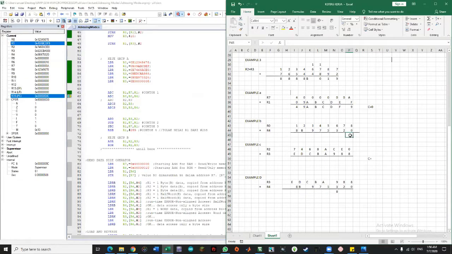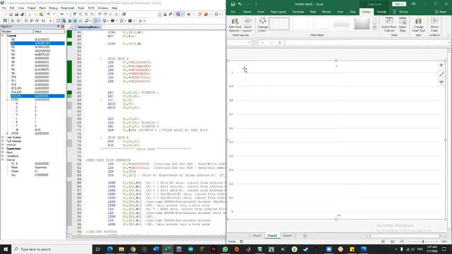Oh, I'm sorry, 0 plus 2 is 9. 6 plus 3 is 9. 5 plus 5 is 10, and in hexadecimal we call it A. So 7 plus 4 is B. 9 plus 3 is 12, and 12 equals C. B plus 2 is D. 8 plus 1 is 9. So no carry, carry is 0. Okay, you can see here. So run. Oh, sorry.